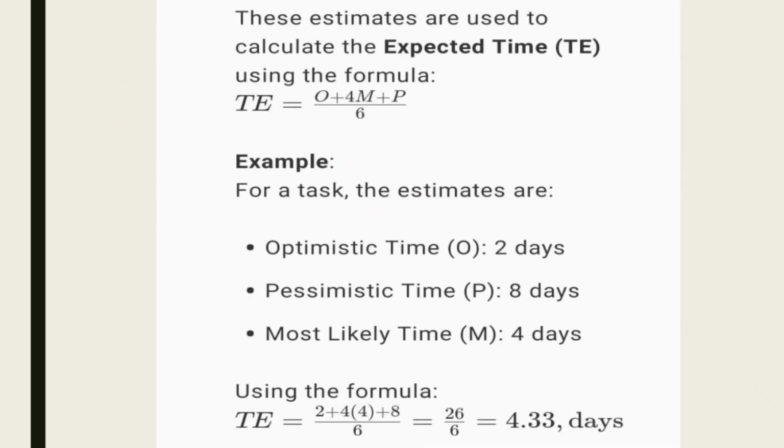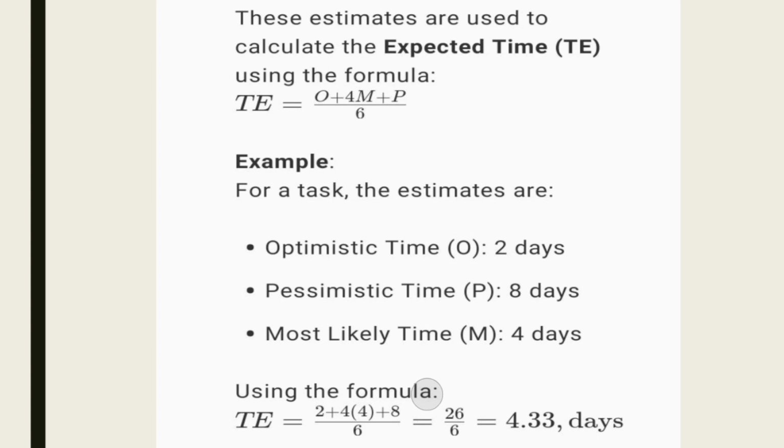An example on program evaluation and review technique is this one. When you want to estimate time, use this formula: optimistic time plus 4 times most likely time plus pessimistic time, the whole of it divided by 6. We have an example where optimistic time is 2 days, pessimistic time is 8 days, and most likely time is 4 days.